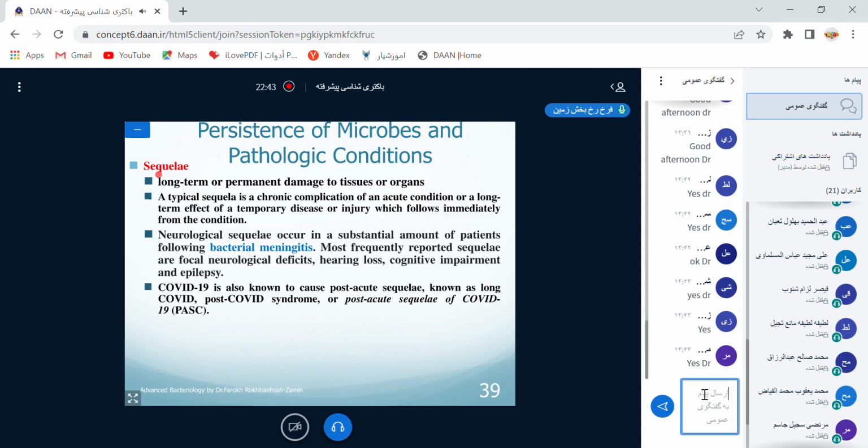What's that? Long-term or permanent damage to tissues or organs. Okay, now we want to see an example. A typical sequela is a chronic complication.